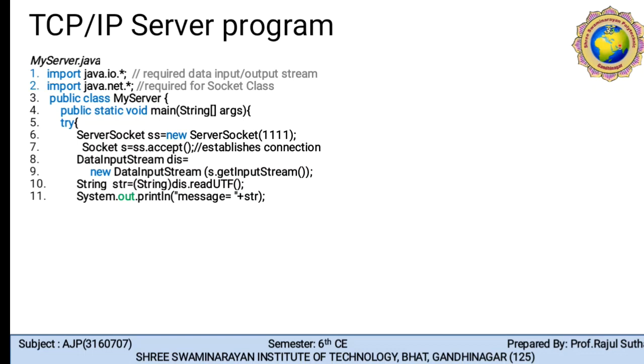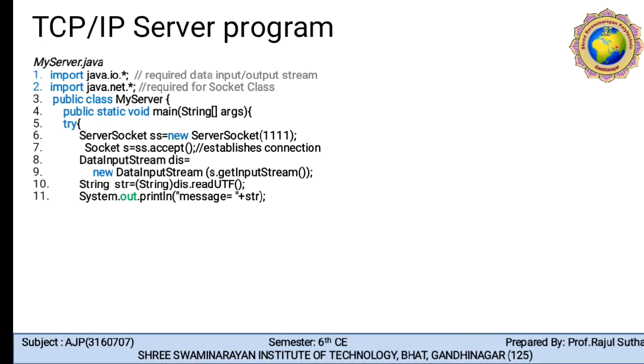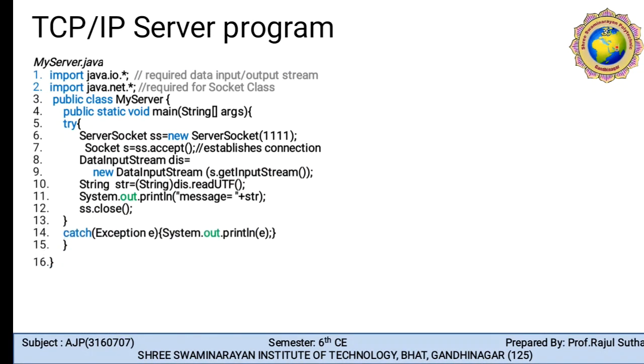System.out.println the message, here one simple message is used. ss.close() closes the connection, and finally we write the catch for the exception, System.out.println(e). So here a simple message will display in the output: message equals hello server.